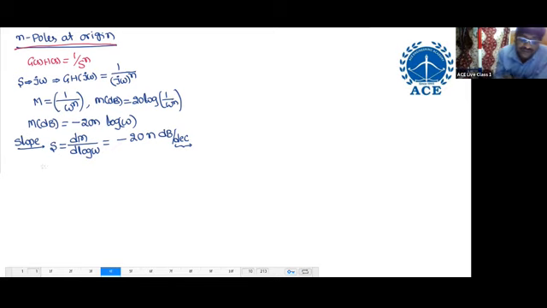Next, phase angle. Write the phase. What is the phase? Angle phi equal to angle of G(j omega)H(j omega). That equals angle 1 by angle of j omega, n times.